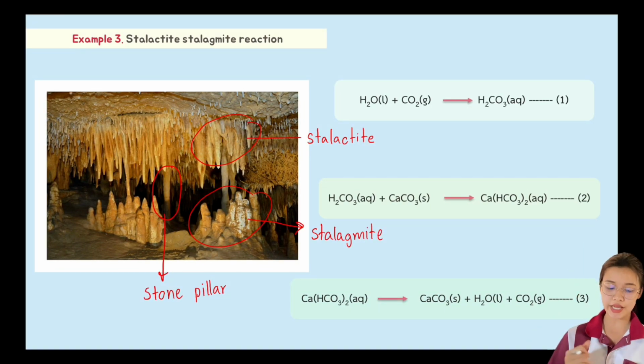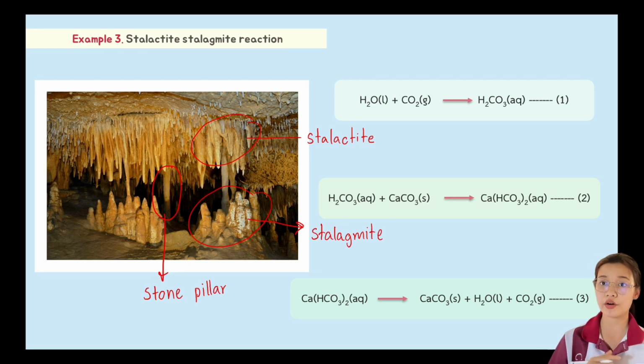Okay, from these reactions, it can be seen that there is a change in the chemical formula of reactants to the chemical formula of the products with the same number of atoms of all elements, but there is a new arrangement.